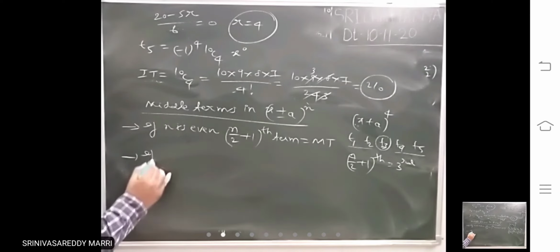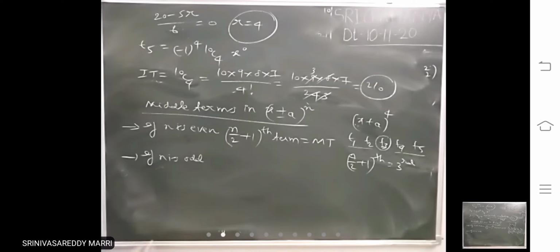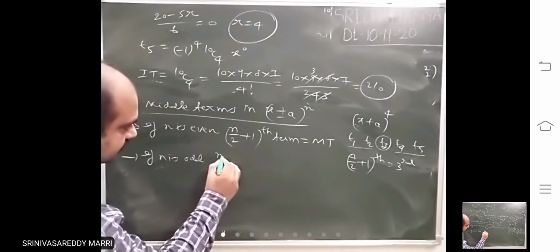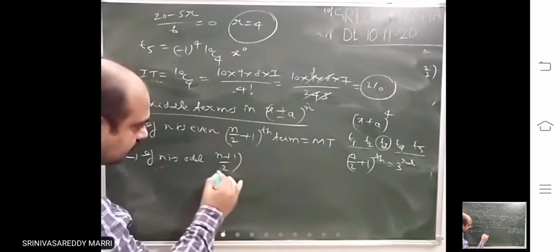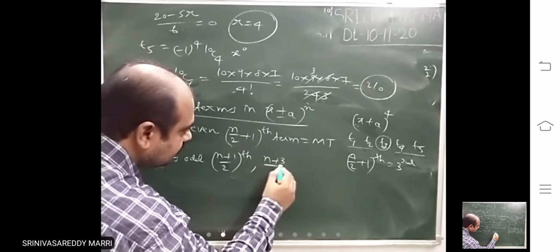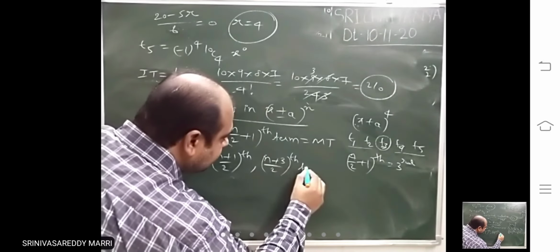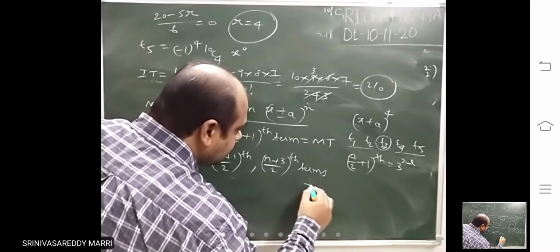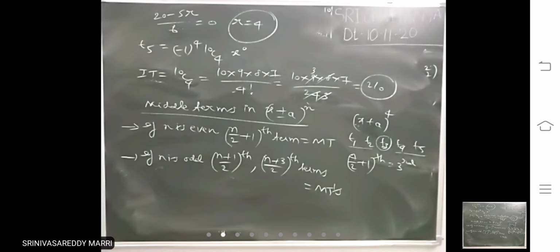Suppose if n is odd, there will be two middle terms: (n plus 1) by 2 comma (n plus 3) by 2. These are the two middle terms.